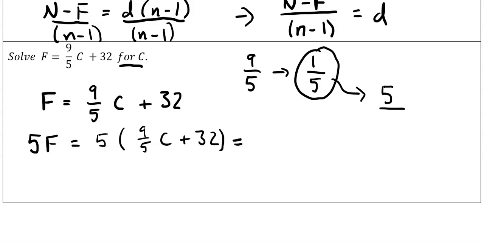I'm just distributing this to clarify. 5 times 9 over 5 is just going to be 9, see? Let me just write that over here. 9 over 5 times 5, these cancel out. So that's why I can just say this equals 9.